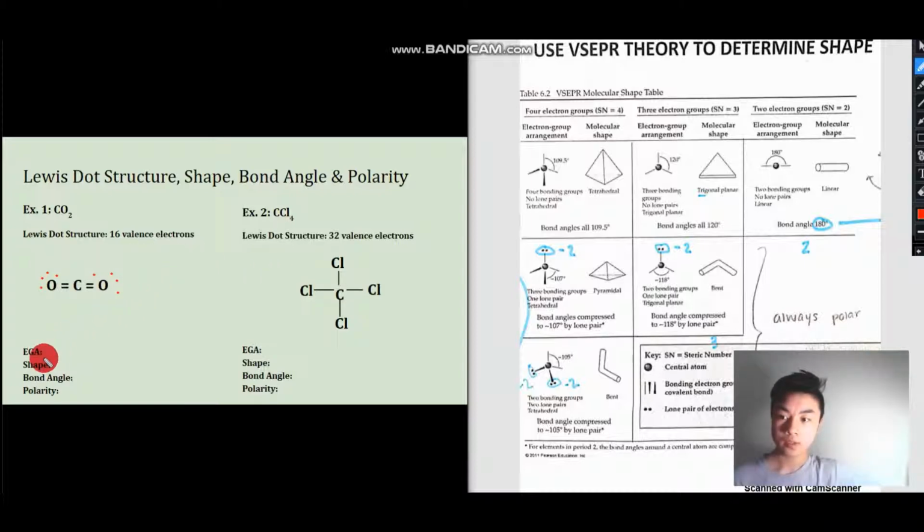And so now we're going to move on over to the EGA, shape, bond angle, and polarity. So since carbon only has 2 of its sides filled out, on its left side and its right side, and doesn't have the top or the bottom filled out, the EGA is going to be 2. And so the EGA is going to be linear because it only has 2 electron groups.